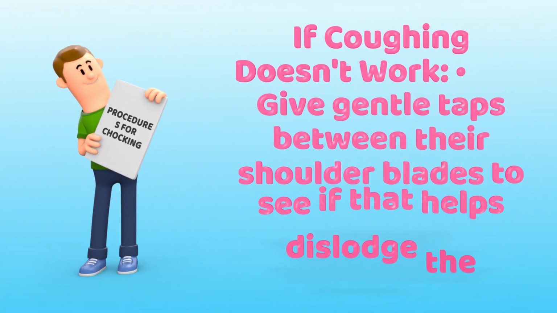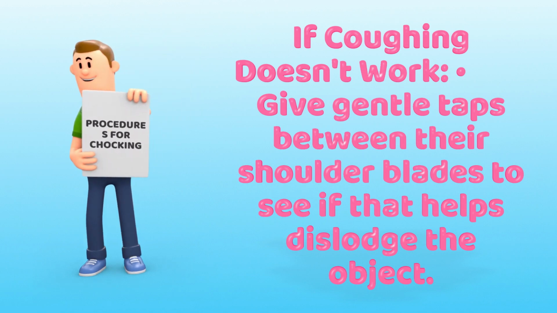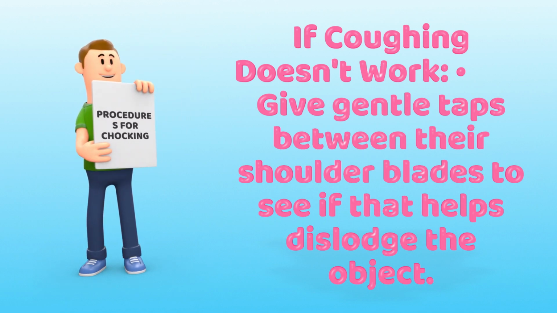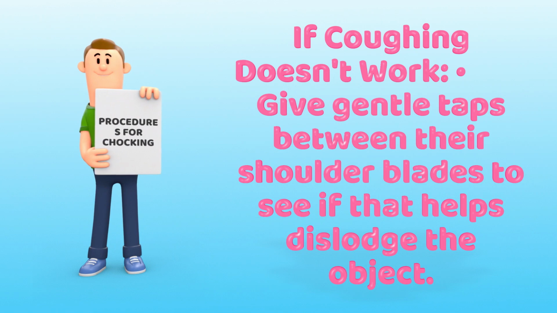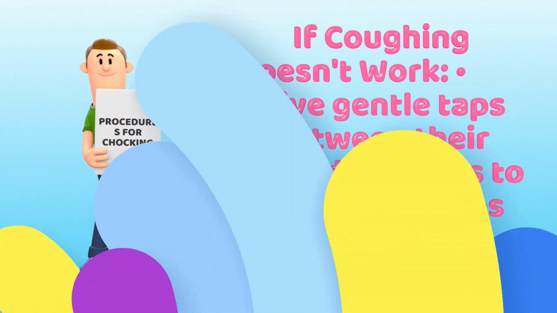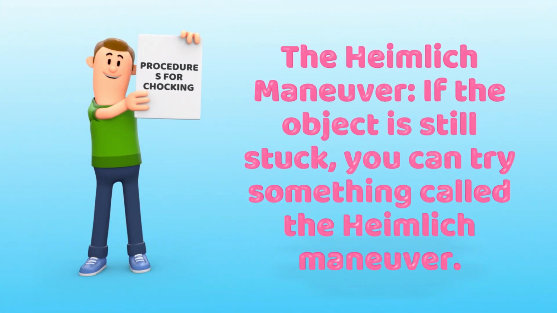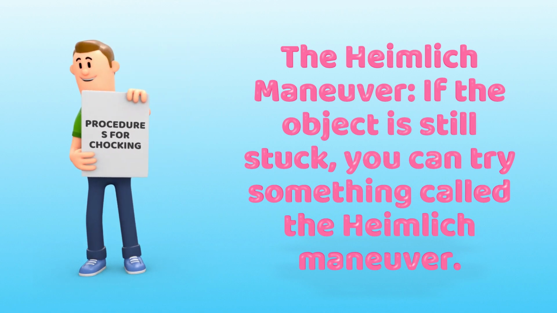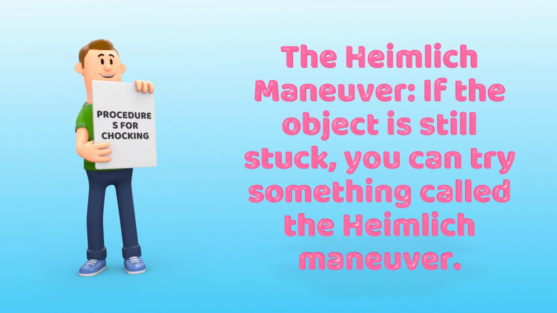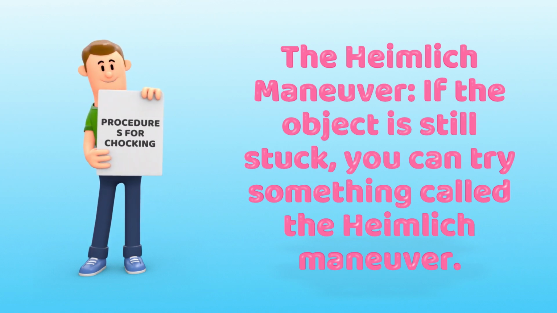If coughing doesn't help, try to gently tap the back between the shoulders of the victim to see if that can help. If those two techniques fail, try to apply the Heimlich maneuver technique. Let's see how to perform this procedure.